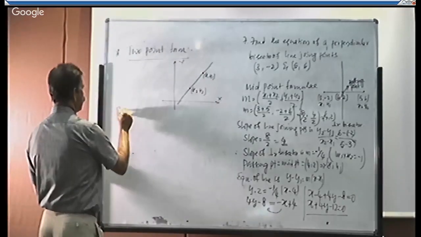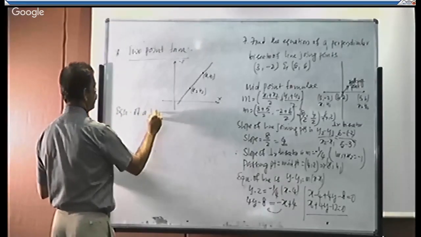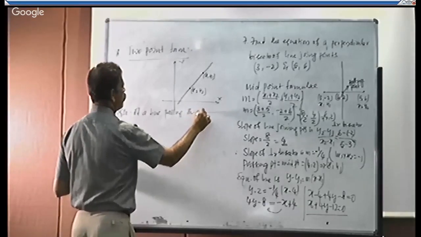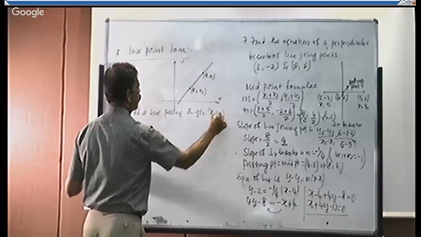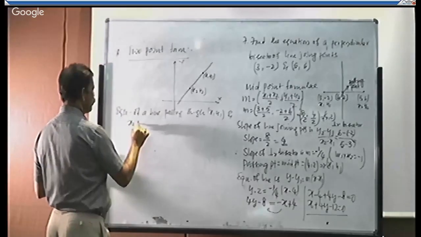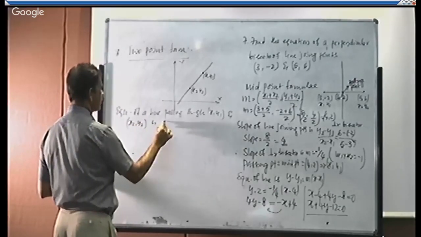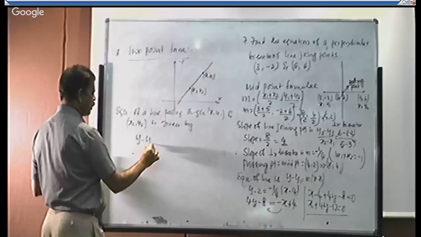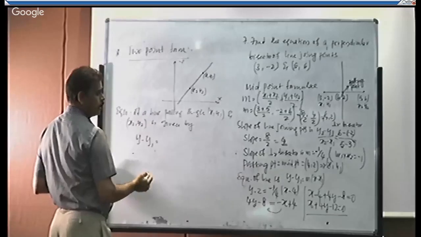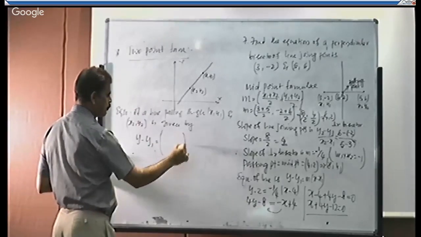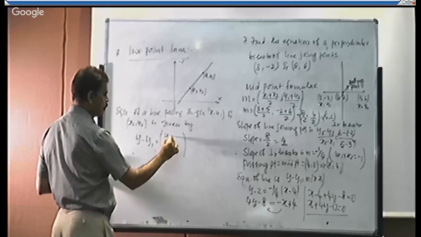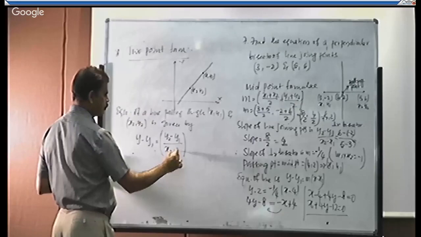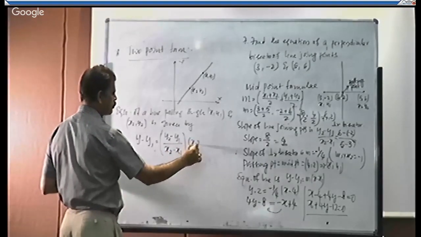The equation of a line passing through 2 points x1, y1 and x2, y2 is given by y minus y1 is equal to m. Instead of m, I should write this formula: slope of line joining points, y2 minus y1 divided by x2 minus x1, into x minus x1.